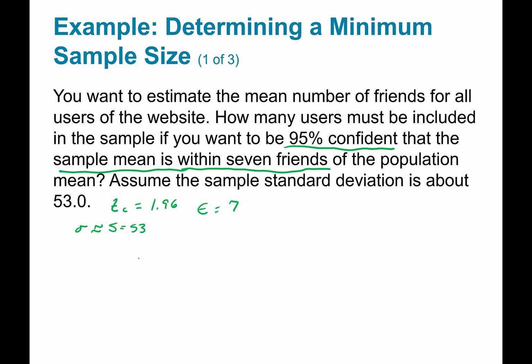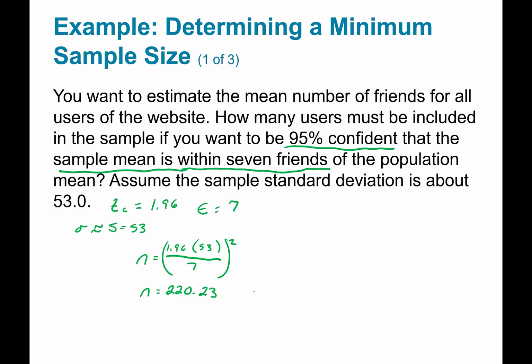So now we just use our formula. n is equal to the critical value of Z, 1.96, times our sample standard deviation of 53, divided by 7, and we square all of that. When we do this, we get 220.23. Now it's important to know that if you round down, you're not going to be as confident.